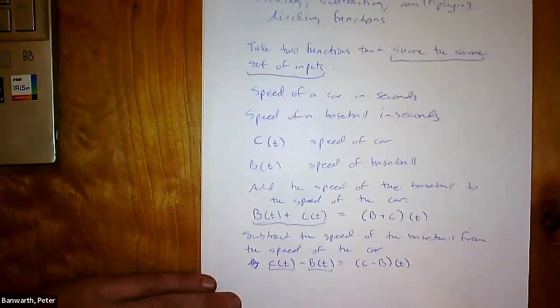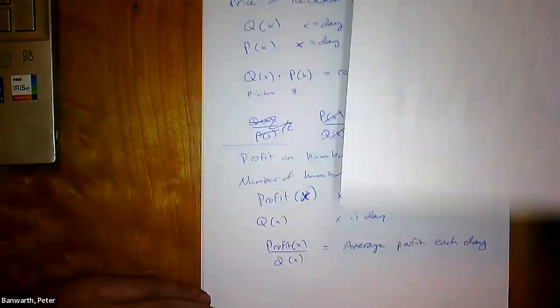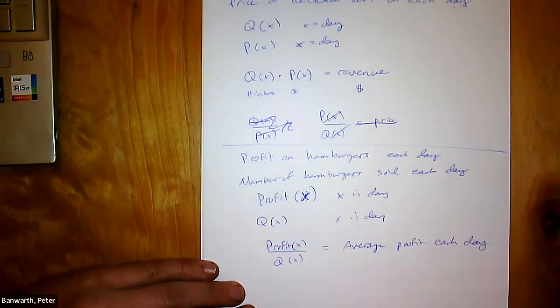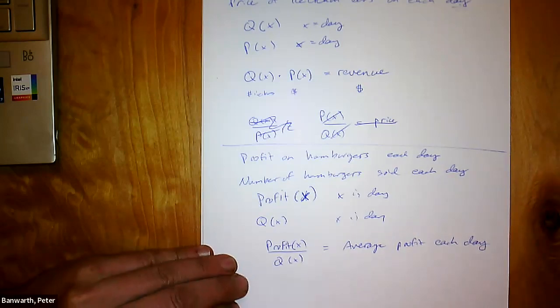If they're addition or subtraction, they really should share the same units on the output, because otherwise it doesn't really make sense to add or subtract. But if it's multiplication or division, they don't have to share the same units on the output because you're creating a new variable.